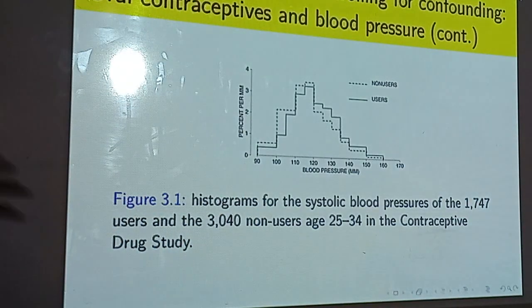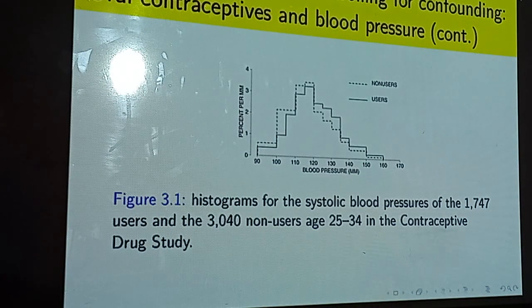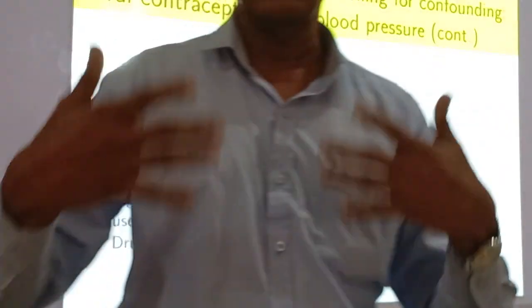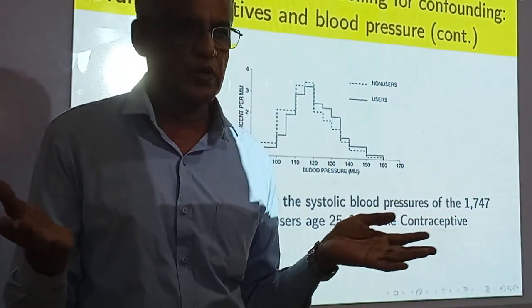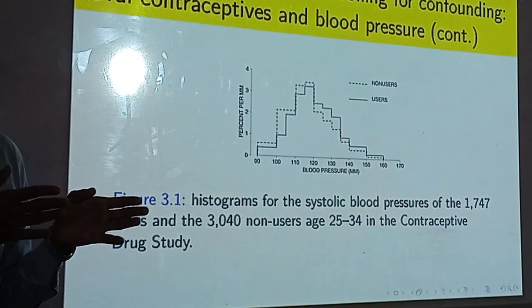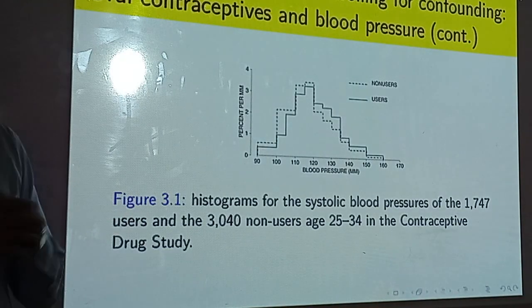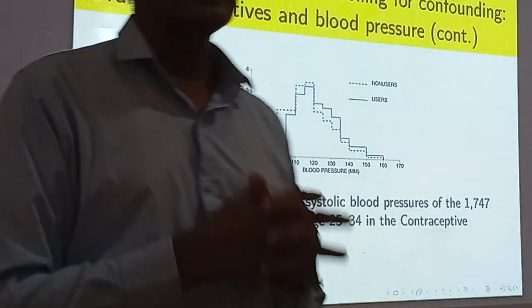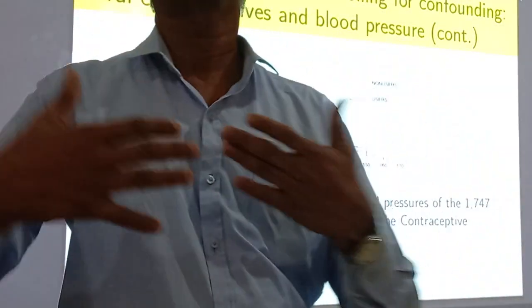Right. Once you decide that, later on they found some other theoretical reasons also. There are some other things that you have to check, like time effect and so on. With those things they decided that this is a real effect.